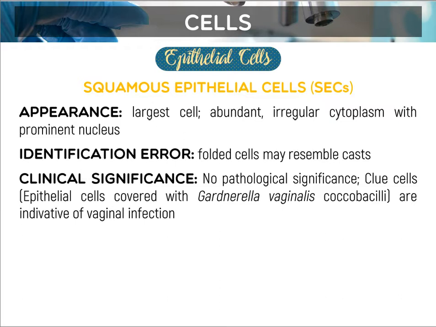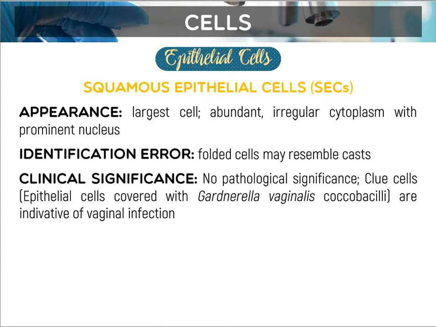And then we have your renal tubular. Okay, so again, three types. We have your squamous, transitional, also called urothelial, and then your renal tubular cells. They are classified according to the site of origin. First up, we have your squamous epithelial cells.